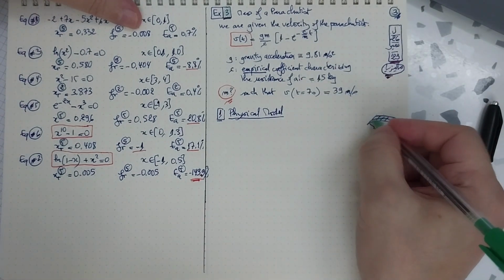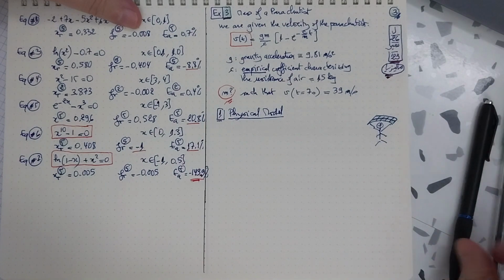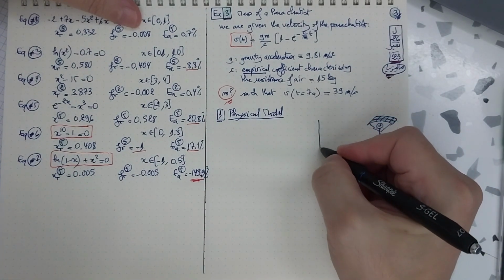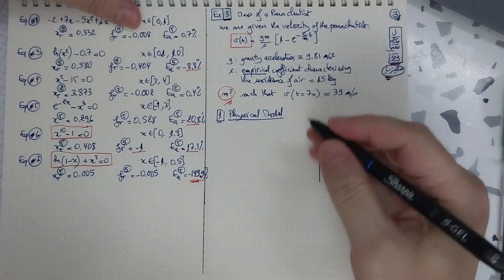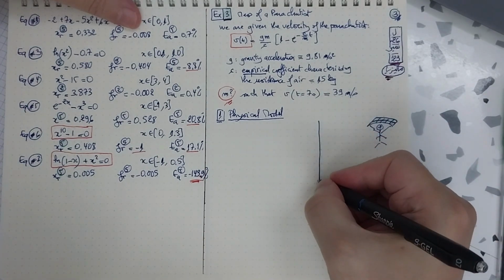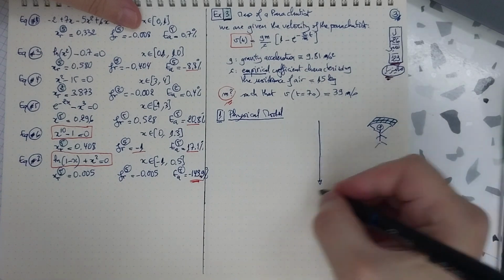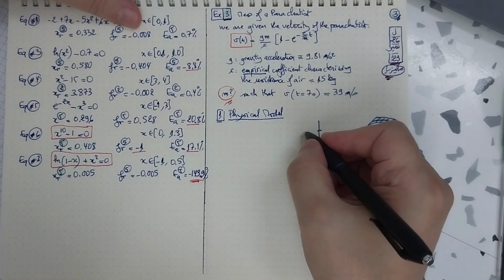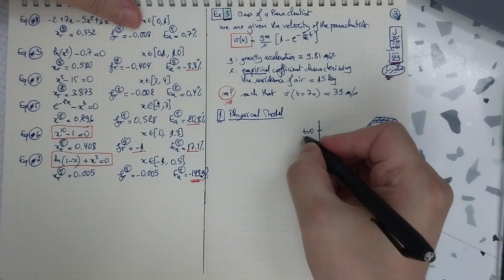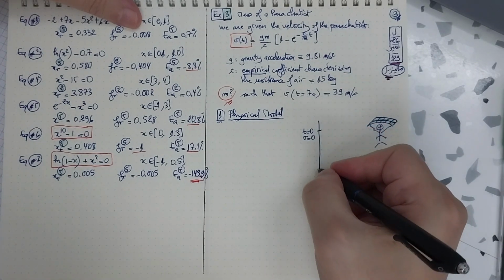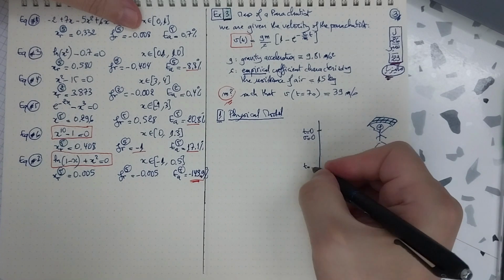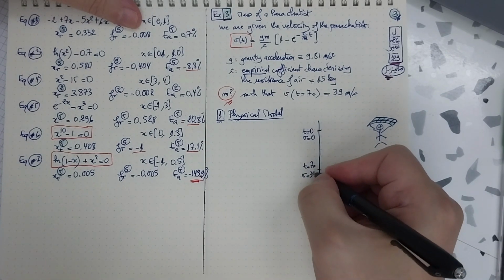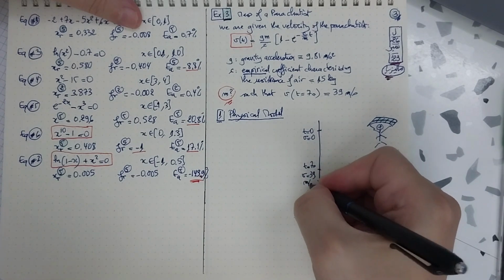This is its parachute, and this is the axis Z of the altitude, and let's note it Z. We have here at t equals 0, the velocity equals 0, and at t equal 7 seconds, the velocity is 39 meter per second.